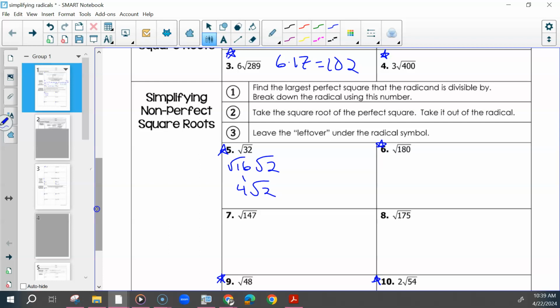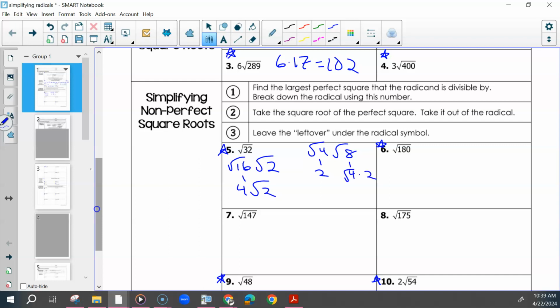Now, if you were breaking this down, let's say we used not 16 and 2, let's say we used 4. So we know 4 times 8 is 32. However, 4 is a perfect square, but 8 is not. So we have to break down 8 into perfect squares or just factors.